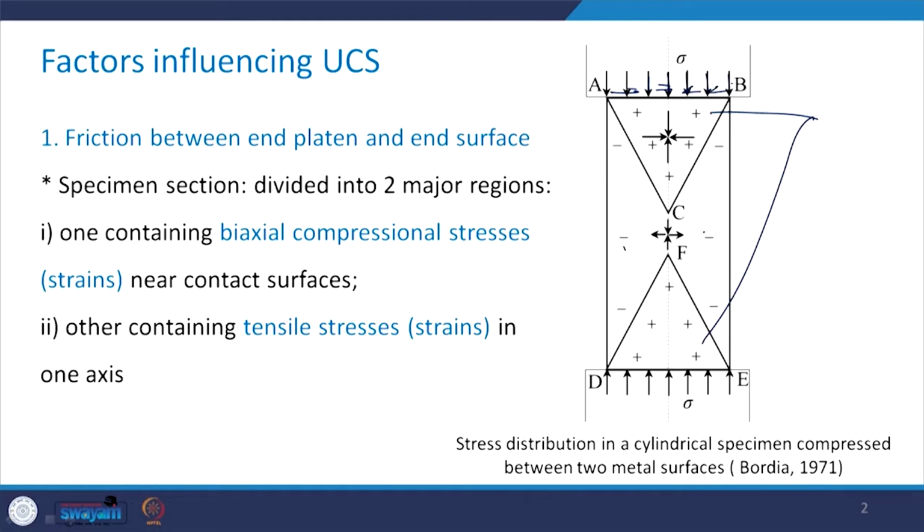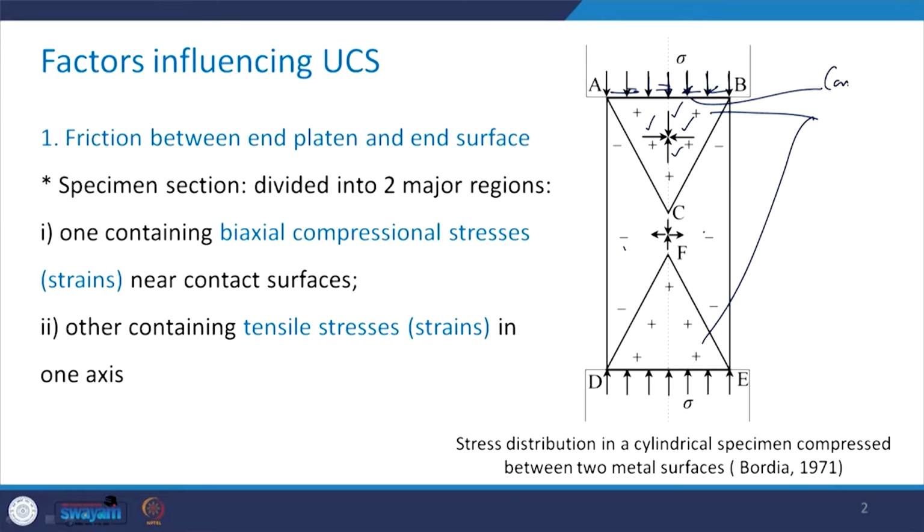So, in the zones which are near the ends, because of the axial load you have this stress, and then because of the friction, you have another set. Basically, in these two regions, you have biaxial compressional stresses or strains near these surfaces.